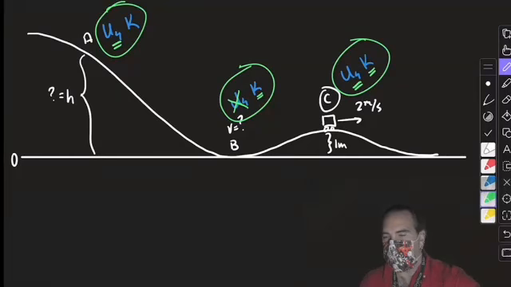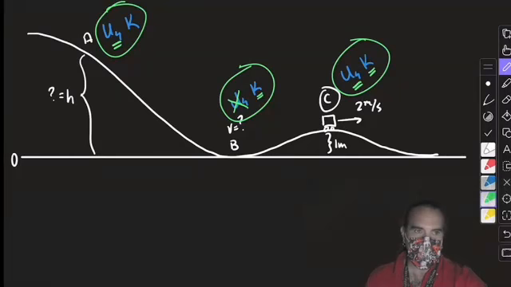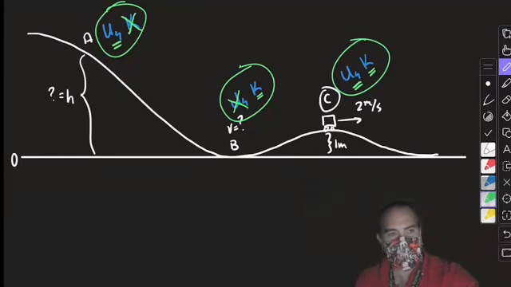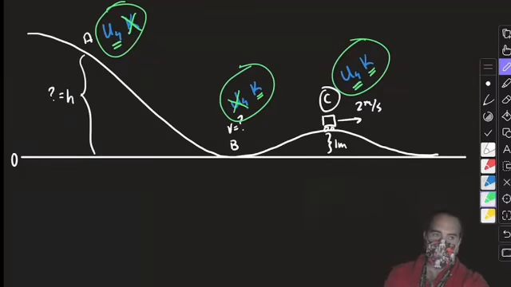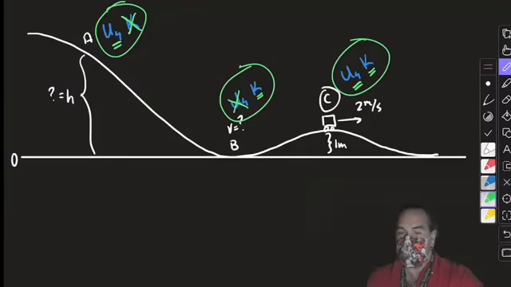Also, it's at its lowest point. The only form of energy it could have is kinetic. At A, however, I'm told that it's being released at this point. Probably no kinetic energy there. So we've gone through and evaluated each state for the types of energy that might be present at each state. Your list of energies is going to get longer as the year goes on, but right now we only have a couple.